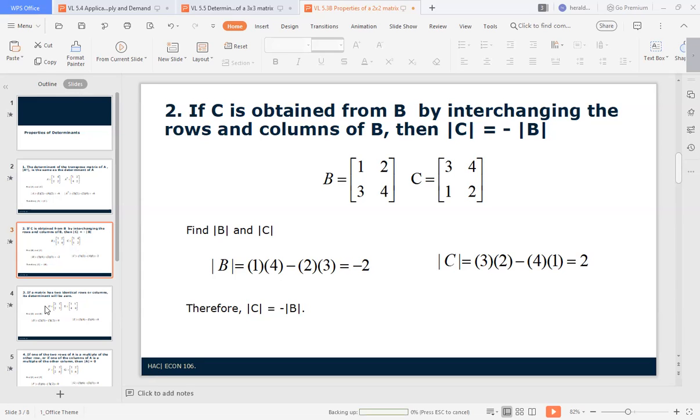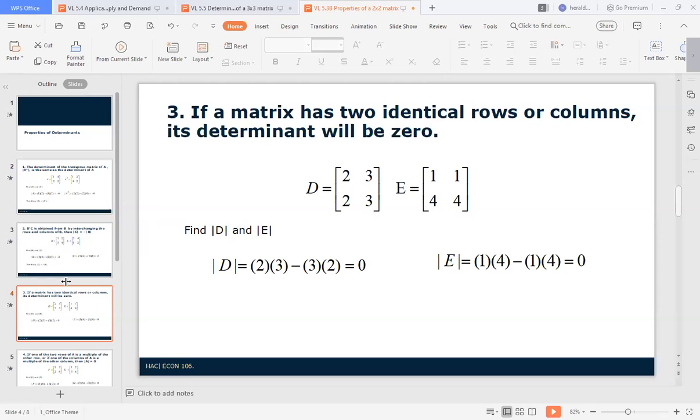Okay. Let's have the third one. If a matrix has two identical rows or columns, its determinant will be 0. Now, this is very similar. This is actually the discussion on linear dependence, class, that if there are two rows that are identical, just like this case here, or two columns that are identical, then your determinant will be 0.